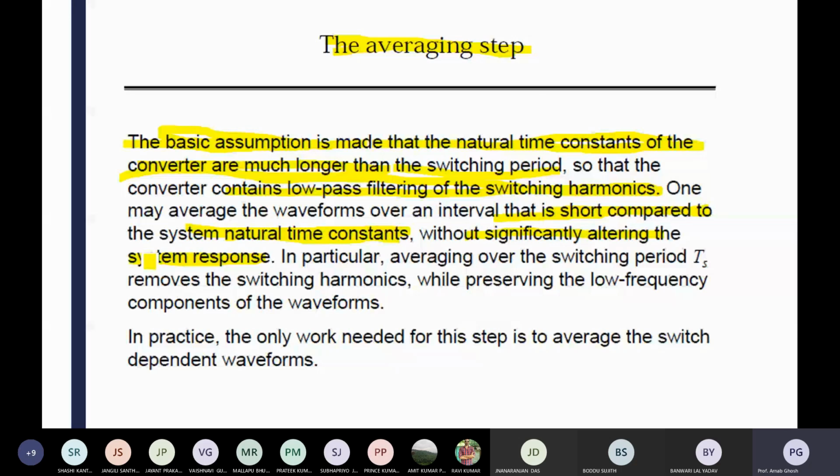You are trying to die out the percentage of overshoot, but the problem is that the rise time will increase. If the rise time is less, the system is fast; if the rise time is more, meaning the time constant is more, the system will be slow. So the rise time in an underdamped system is less compared to a critically damped system.